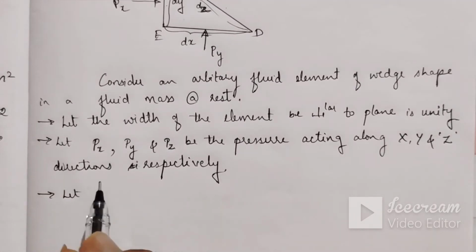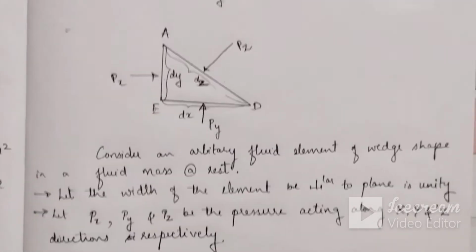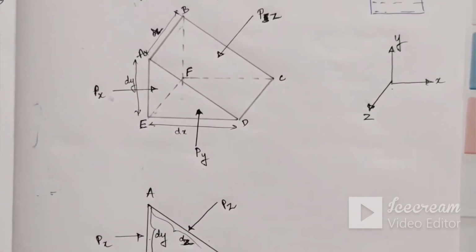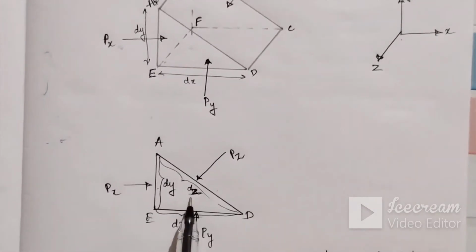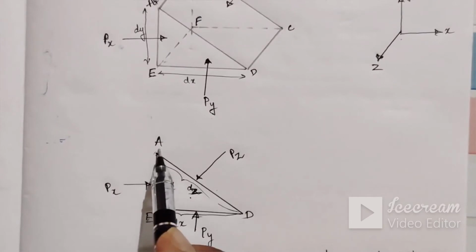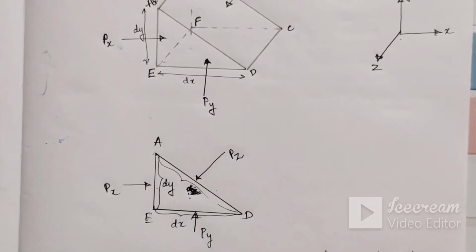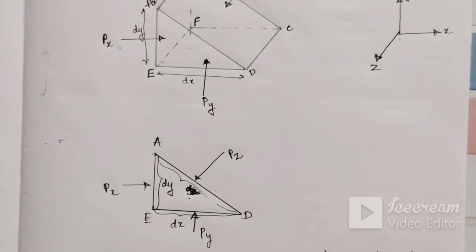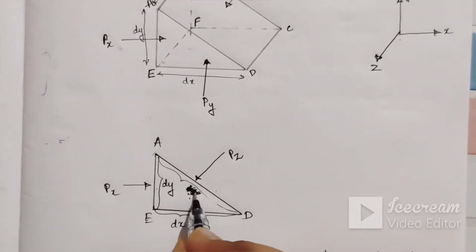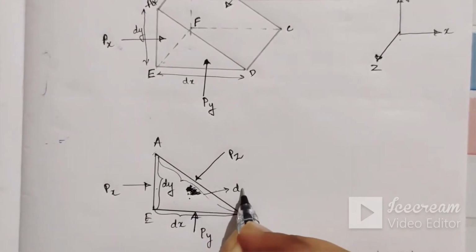So before defining the dx, dy, dz, see here, I made a slight mistake. If this face is dz, this is not dz, we have to introduce a new face. This is not dz, I'll take this as ds.